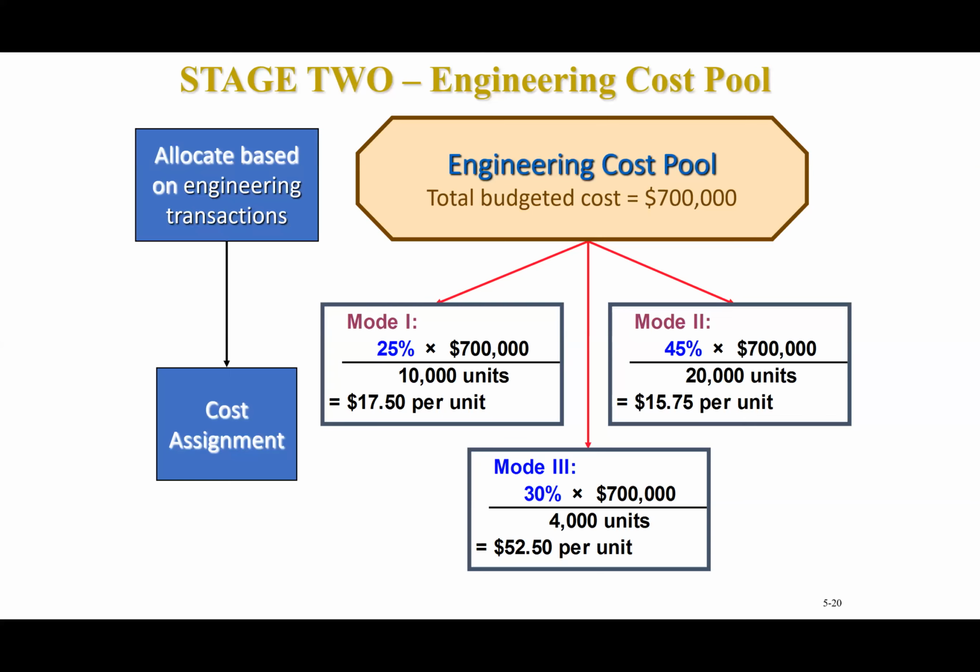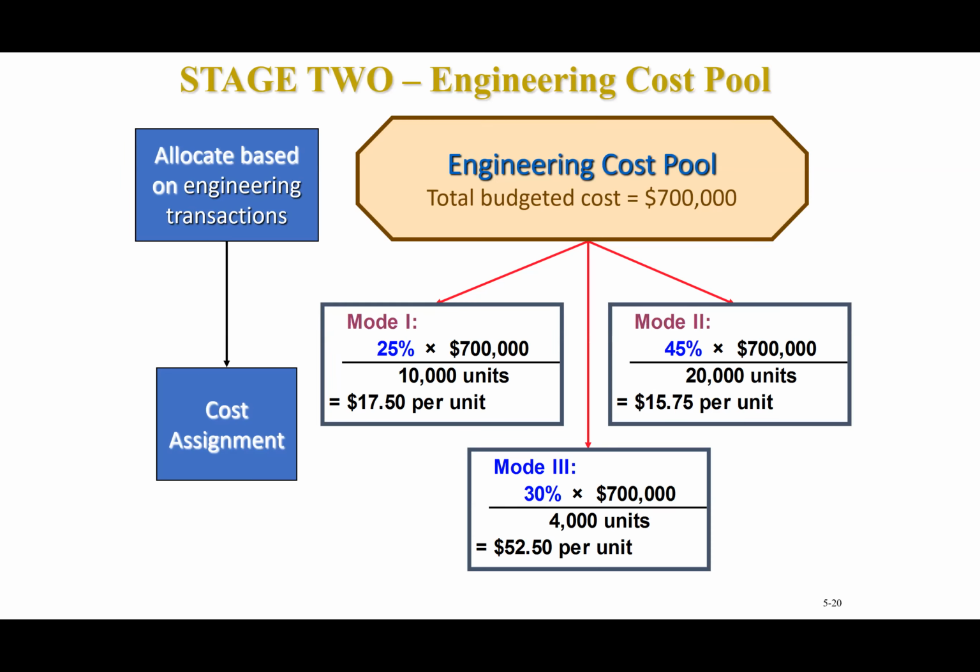So we ask the engineering department approximately how much time proportionally they spend on Model 1, Model 2, and Model 3. They gave us about 25% of time on Model 1, 45% on Model 2, and 30% on Model 3.